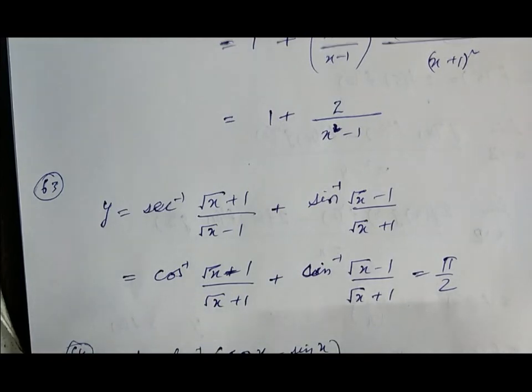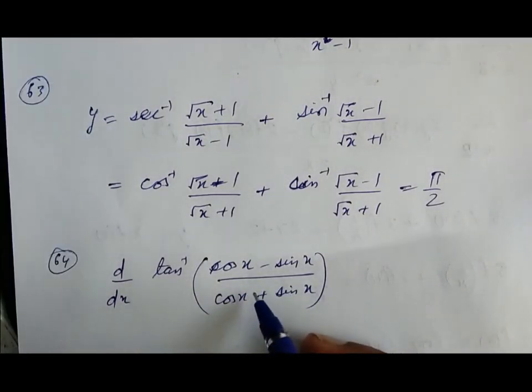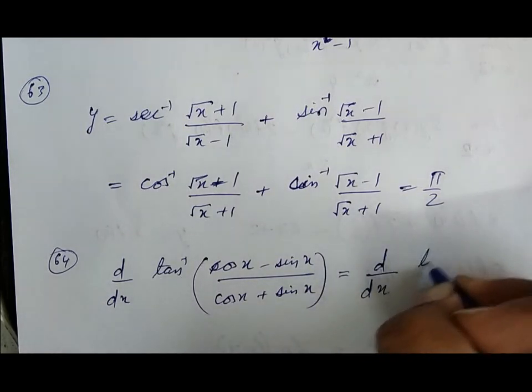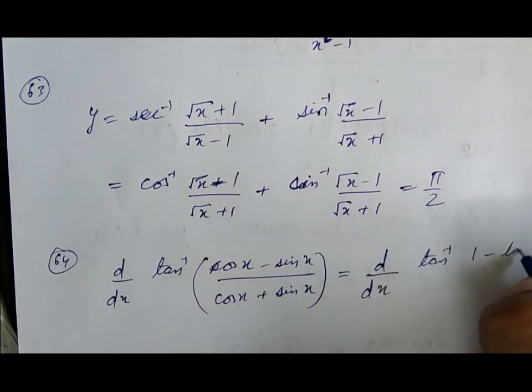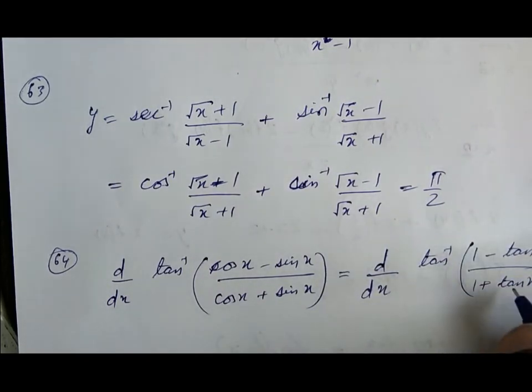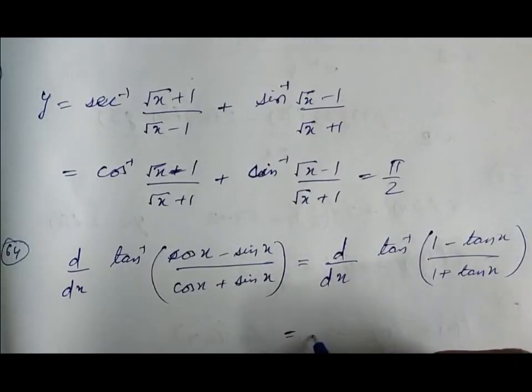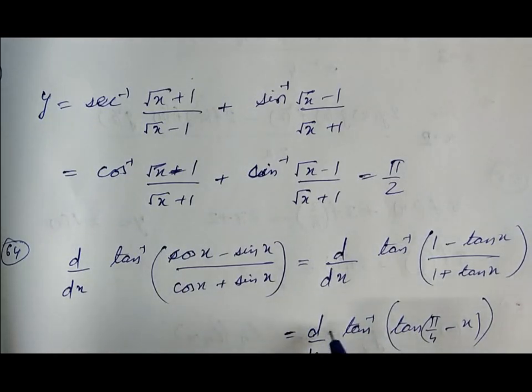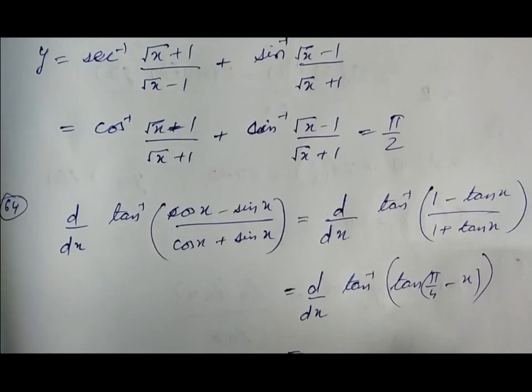If you divide by cos x in the numerator and denominator, we get d by dx of tan inverse of (1 minus tan x) upon (1 plus tan x), and we know that (1 minus tan x) upon (1 plus tan x) is tan of (pi by 4 minus x). So tan inverse and tan cancel, and d by dx of (pi by 4 minus x) would be equal to minus 1.